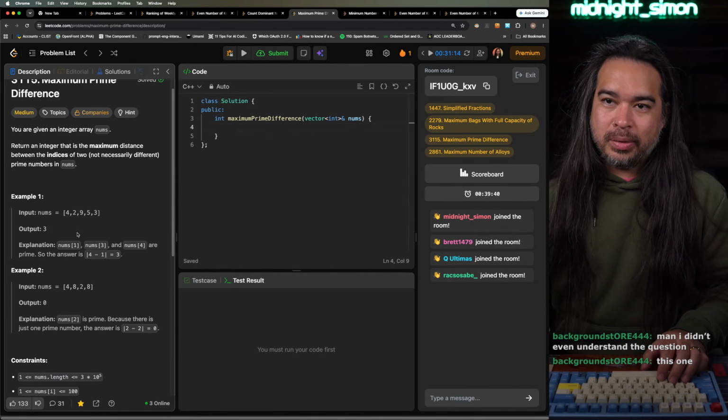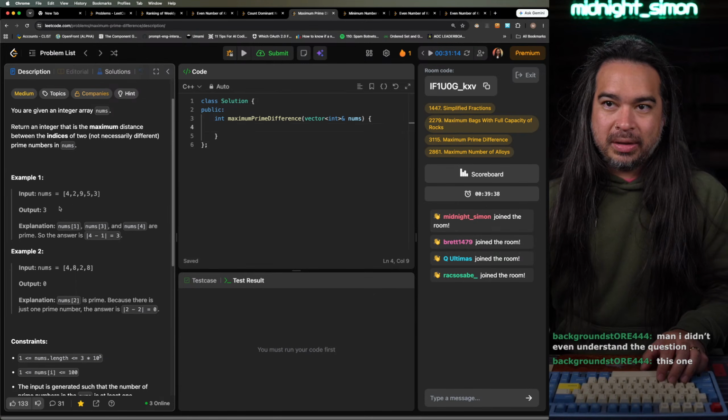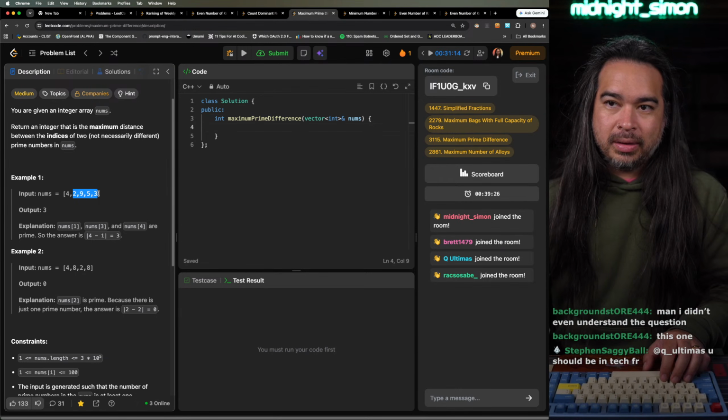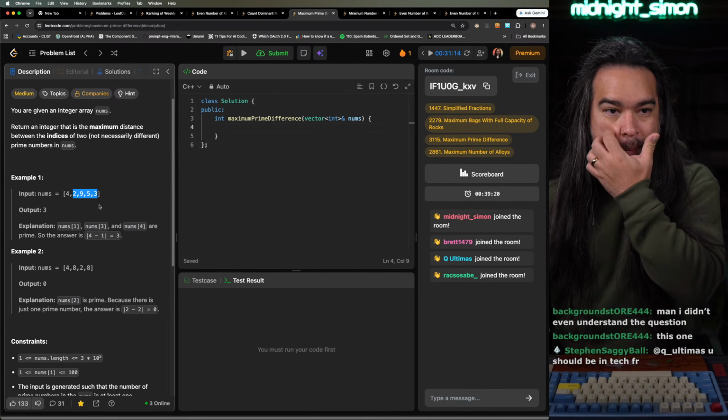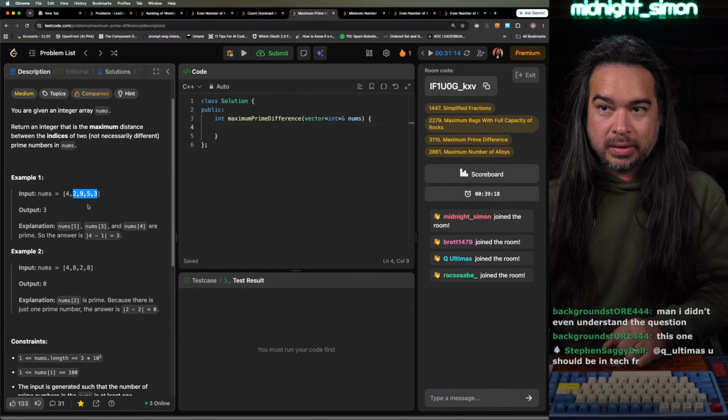I guess we can look at examples. So it's saying the biggest distance between prime numbers. The answer is 3 because the prime numbers are 2, 5, and 3. And the distance here is 3 because this is position 4, 1.